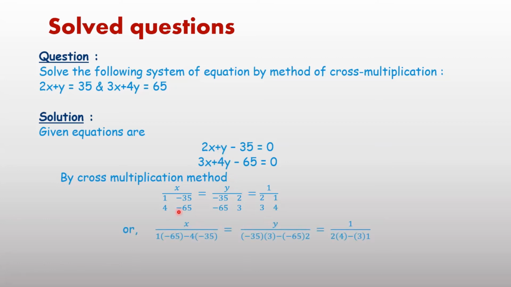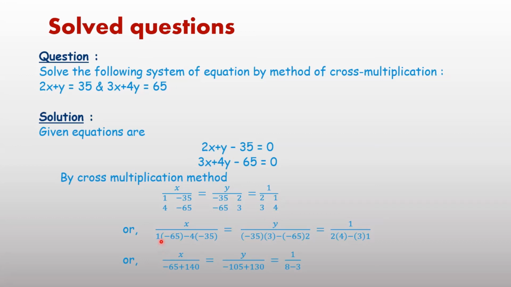Then cross multiply: 1 into minus 65 written here, then minus sign, then 4 into minus 35, equal to next again minus 35 into 3 minus 65 into 2, equal to 1 upon 2 into 4, first multiply these two numbers, minus 3 into 1.